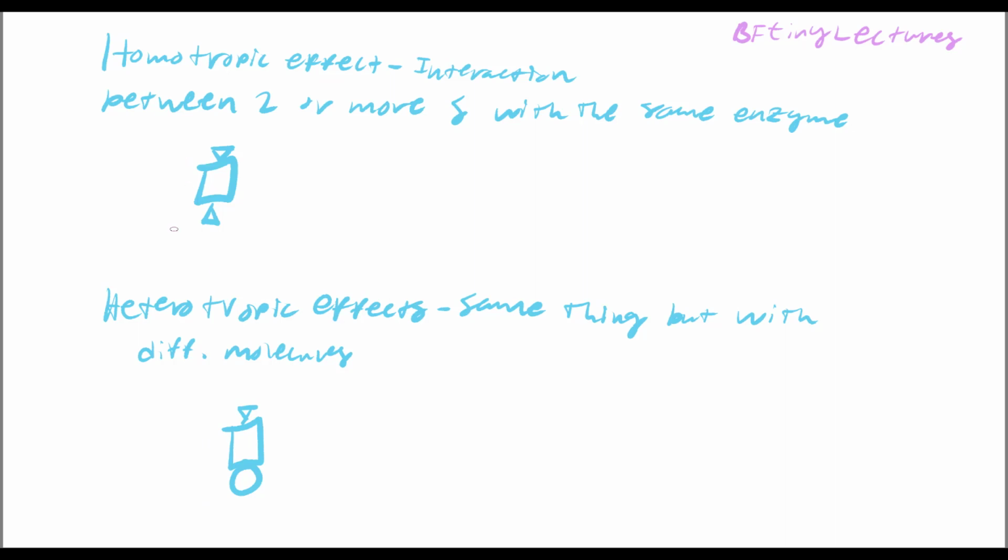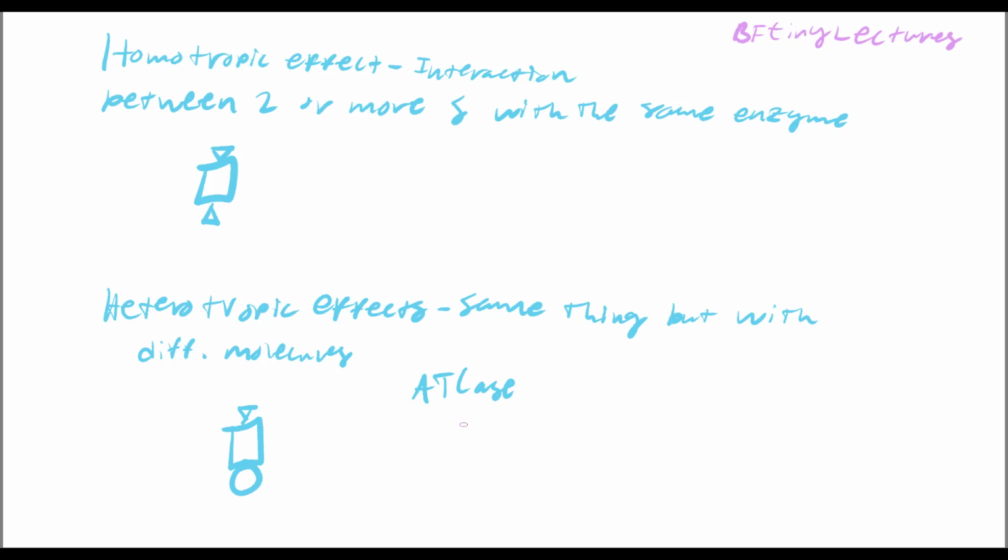Whenever you get a different outcome from different substrates attached to the same enzyme, that is called a heterotropic effect, right? So here's a real-world example. Remember when we were talking about the ATCase, right? Whenever ATCase attaches to ATP, you have an increase in velocity. Okay, but what if we attach to CTP? We're going to have a decrease in velocity.